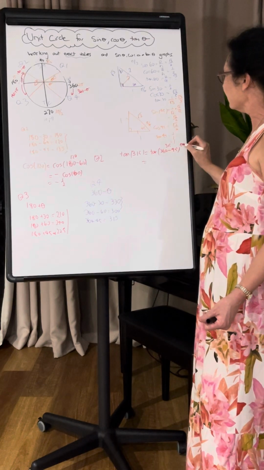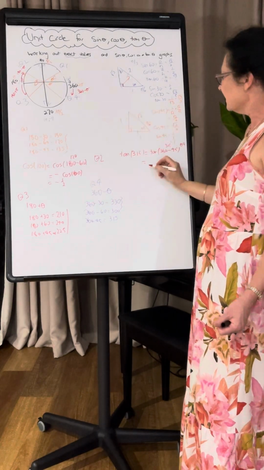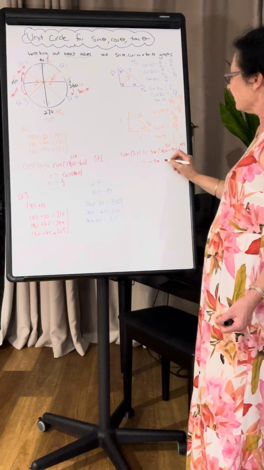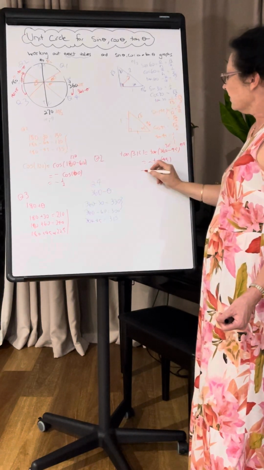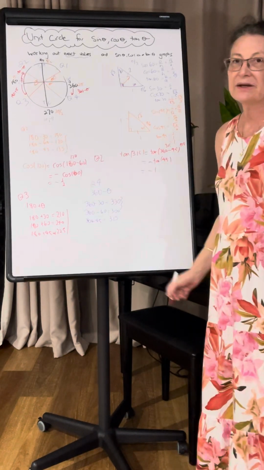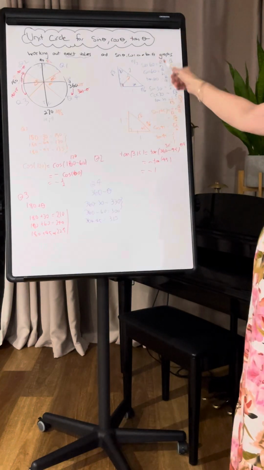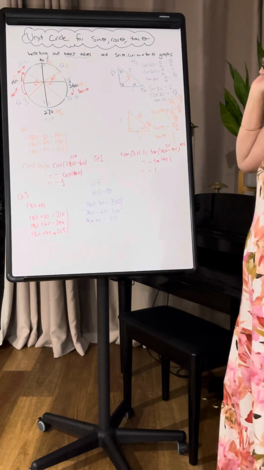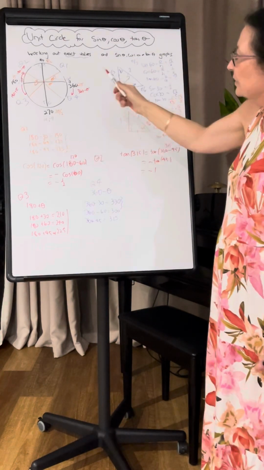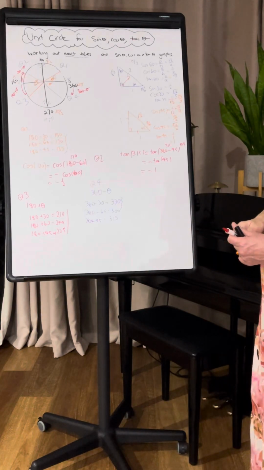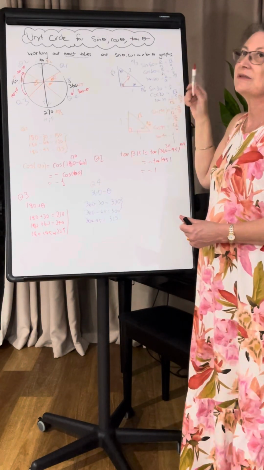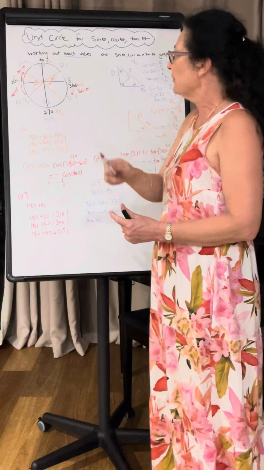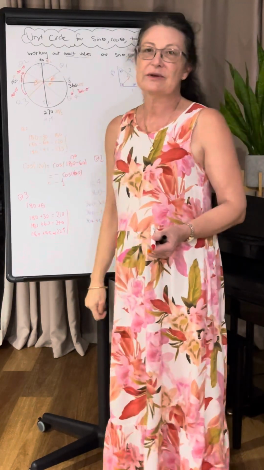Tan in quadrant 4, because I'm here, is negative tan of 45, which is minus 1. Bingo, all too easy. So that's your 30, 60, 45, and in all your different quadrants. So that is working out your exact values in your beautiful little unit circle.